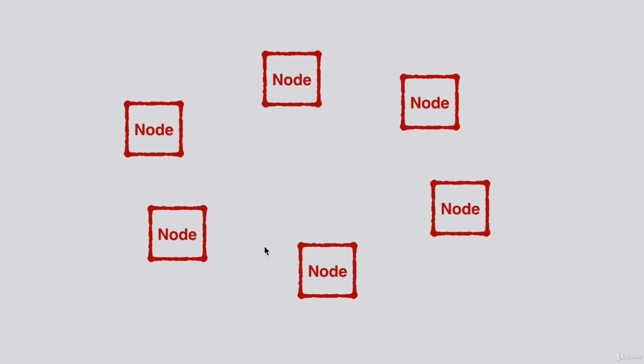During this comparison, if there's a chain found that has a longer length than the chain that's present on this node, we are going to replace the chain that's on this node with the longest chain in the network. And that's it. That's how our consensus algorithm will work.